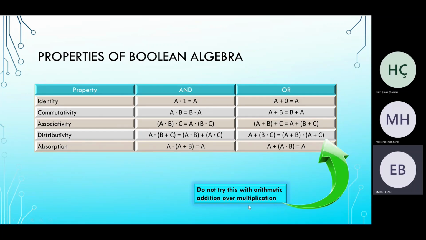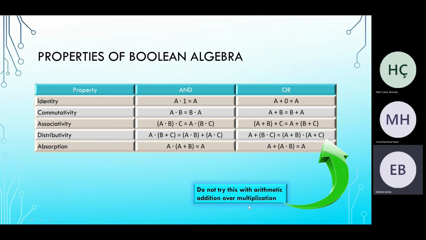So what you need to do is you have to think about the logic. Logic is we don't have continuous numbers. We have 1 or 0, true or false, high and low. So if you work with those variables, then you will see that this expression will be true.